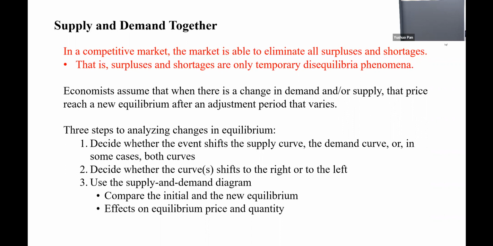The first step is to decide whether the event shifts the supply curve, the demand curve, or in some cases, both curves. For the first step, what you need to understand is the 9 determinants: 5 determinants for the demand and 4 determinants for the supply. If you can remember them, then you will know which determinant will shift which curve, right?